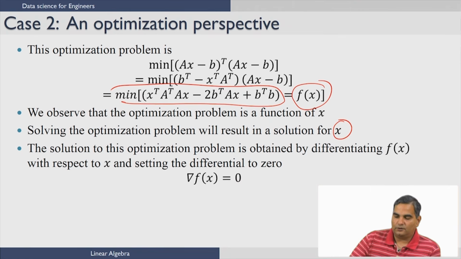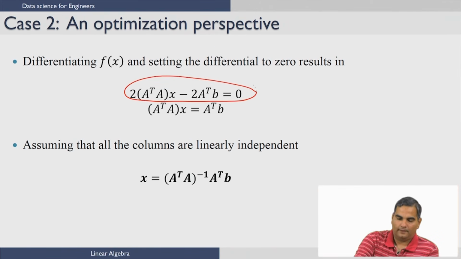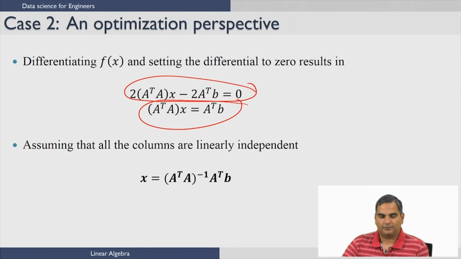So, the way to get the solution to this optimization problem is to take f of x, differentiate it with respect to x and set it to 0. Differentiating f of x and setting the differential to 0 results in the following equation, and this can be simplified to this equation, where A transpose A times x is A transpose b.